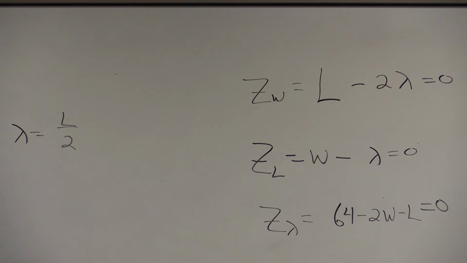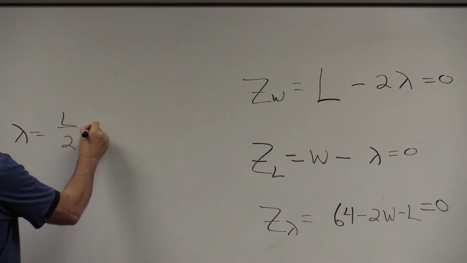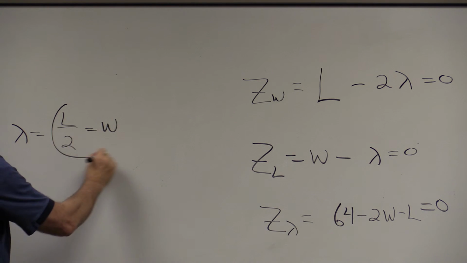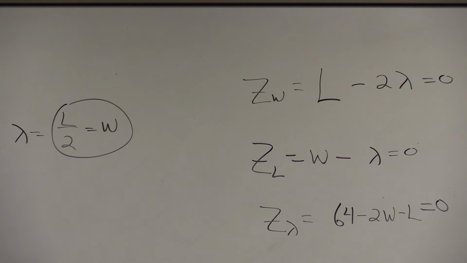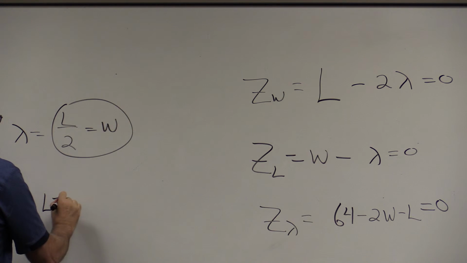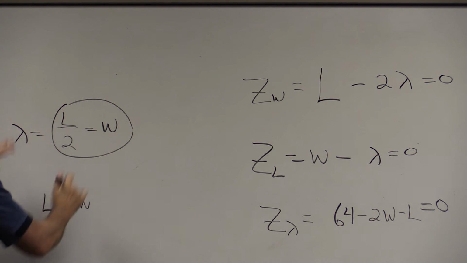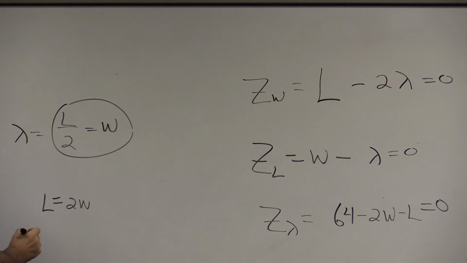From the second one, I get lambda equals W. So this is the relationship between W and L. Let me write it a different way: we just multiply by 2, and we get L equals 2W. Now we have the relationship between L and W.